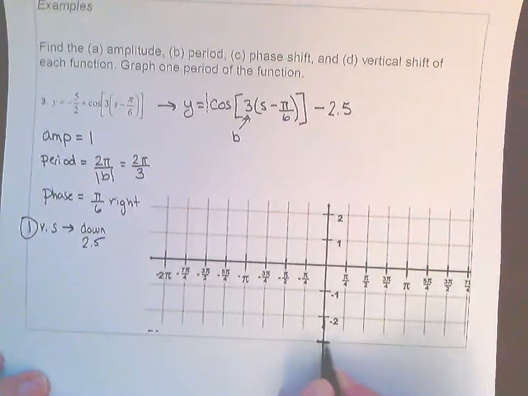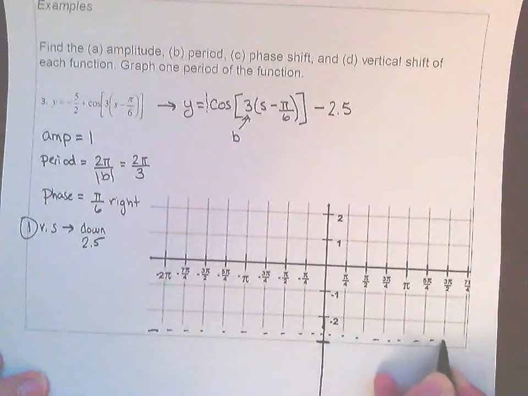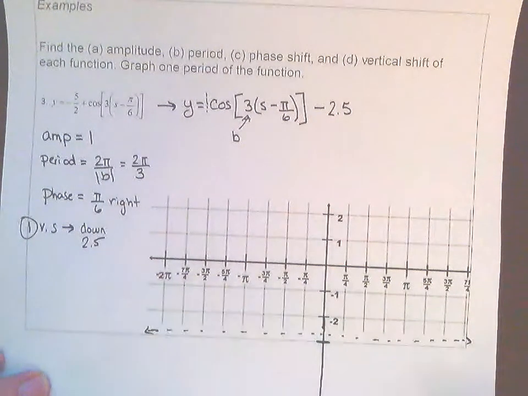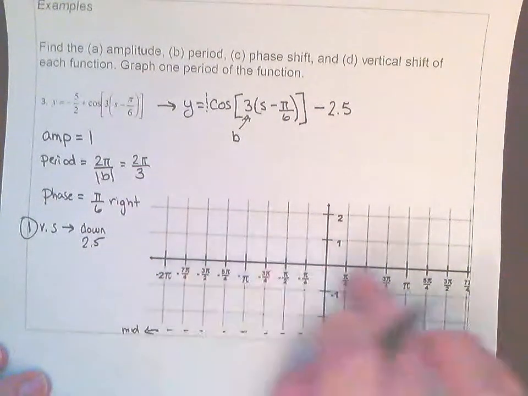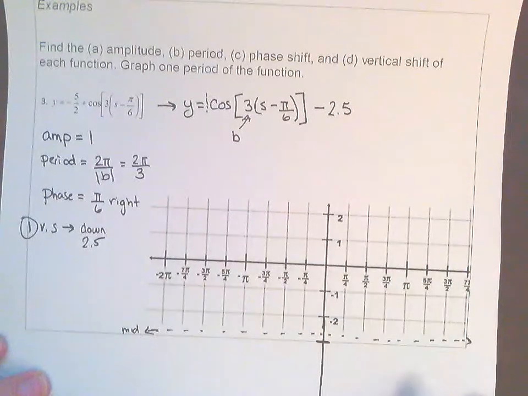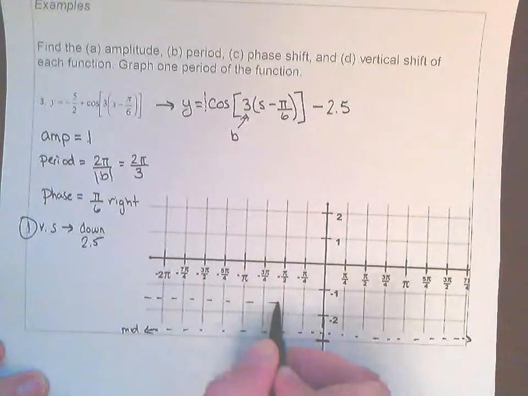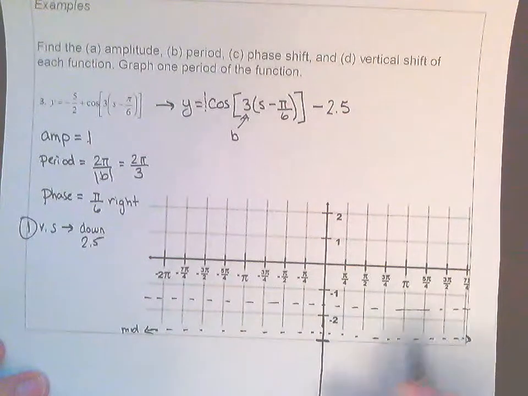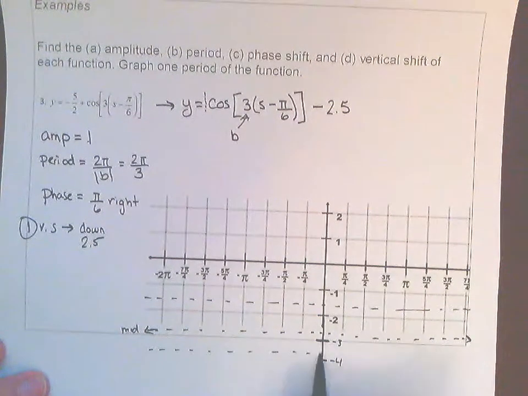Okay, so if this is 3 right here, 2.5 is kind of right in the center because it's going down. So this is the midline, because the midline is usually always at the 0. Alright, our amplitude is 1, so from this midline it's going to go up 1. And then from this midline we're going to go down 1 to -3.5.